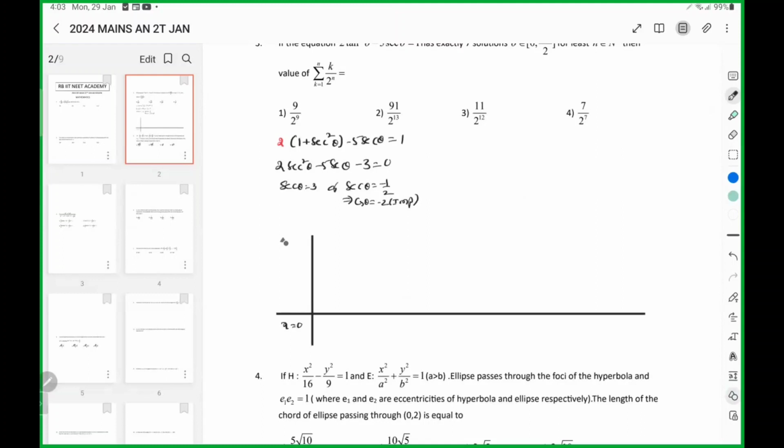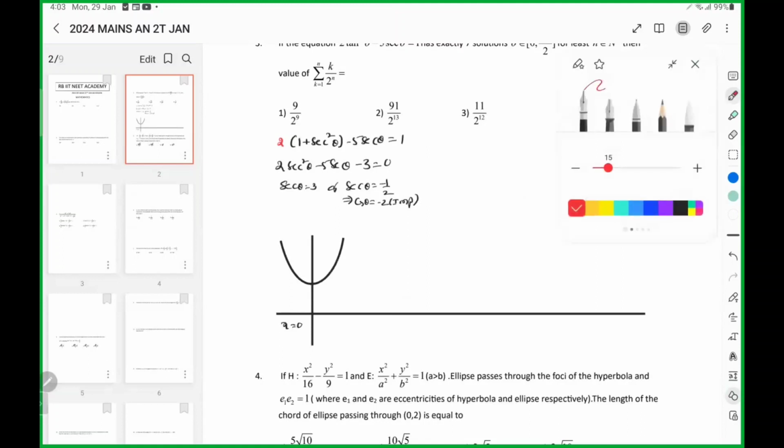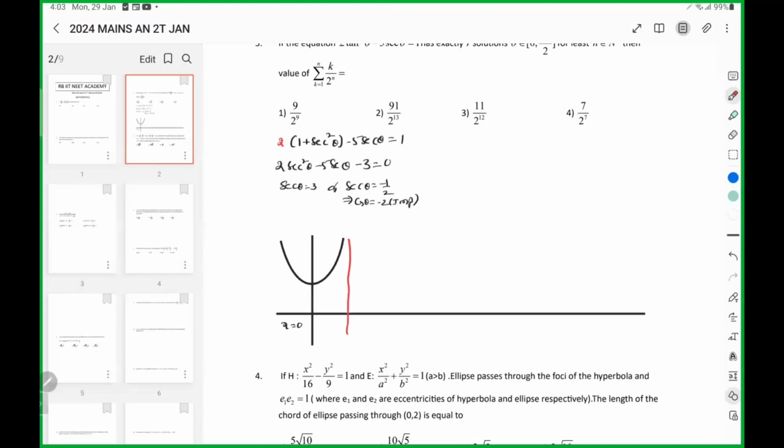If you draw the basic graph, secant 0 is 1, secant 90 is infinity. Here this is up to pi by 2, 3 pi by 2. In this region, secant is negative.